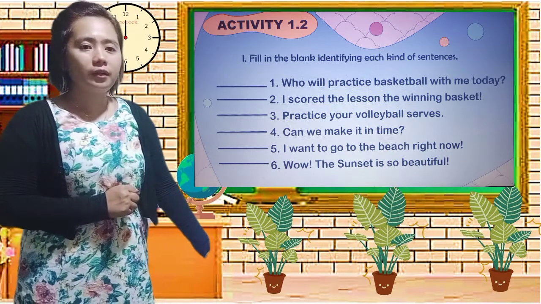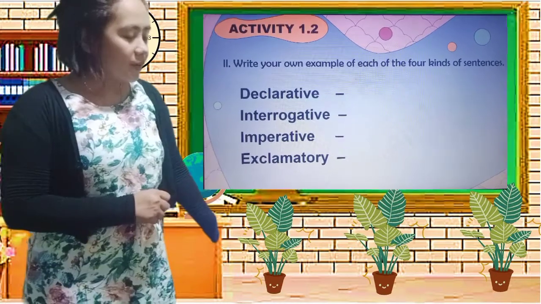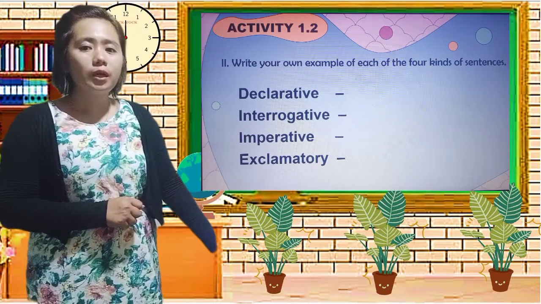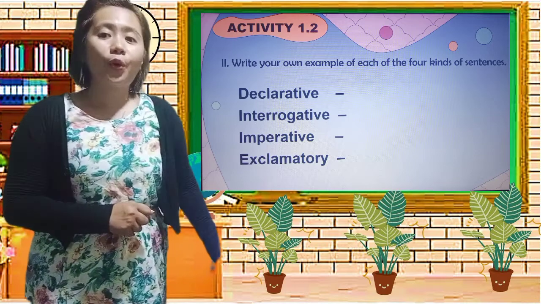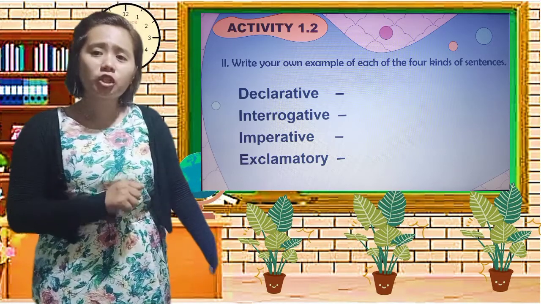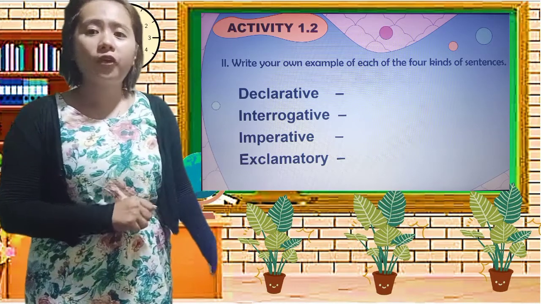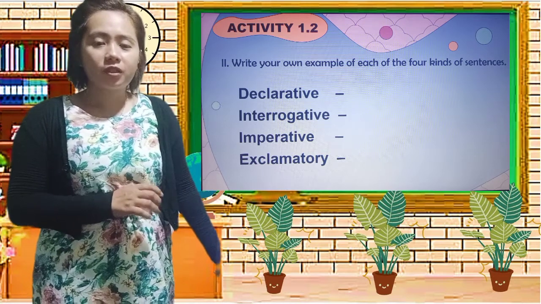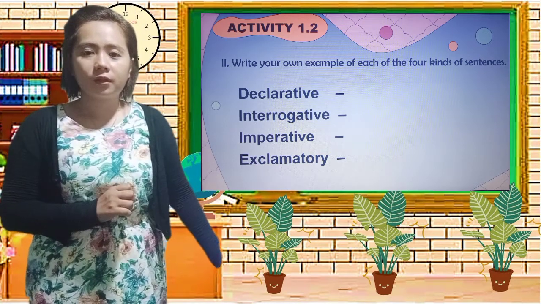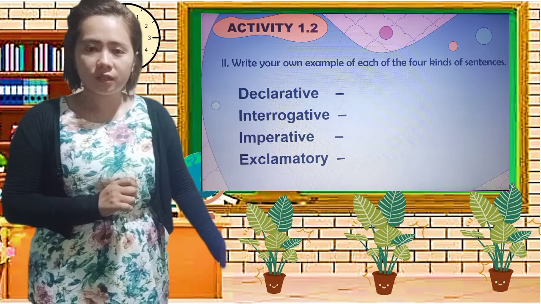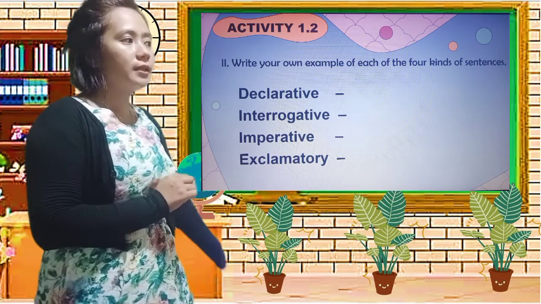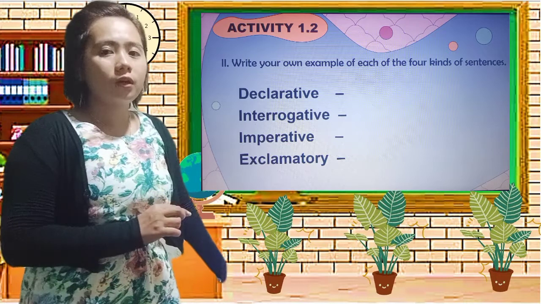Are you done? Okay. And test 2. What you will do is write your own example of each of the 4 kinds of sentences. Do you get it, class? Any questions? Okay, so please take down the question of test 2.